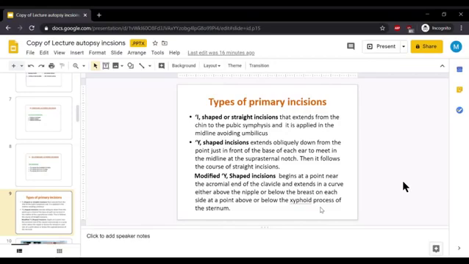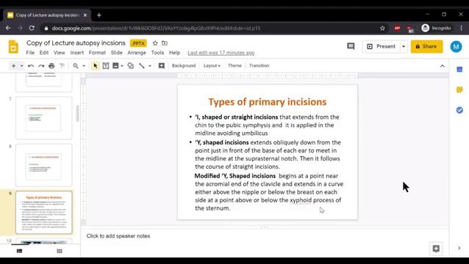Then it follows the course of the straight incision. So each limb of the Y starts from the base of each ear, both limbs join at the suprasternal notch, and then it adopts the pathway of the I incision, up to the pubic symphysis, avoiding the umbilicus.